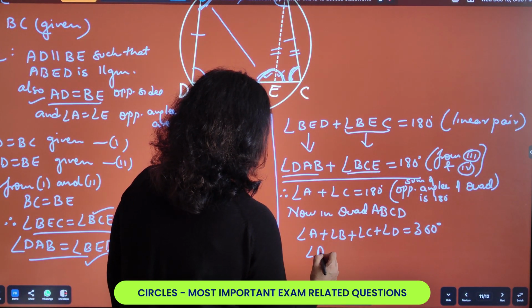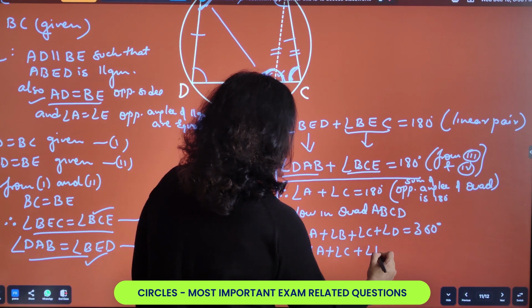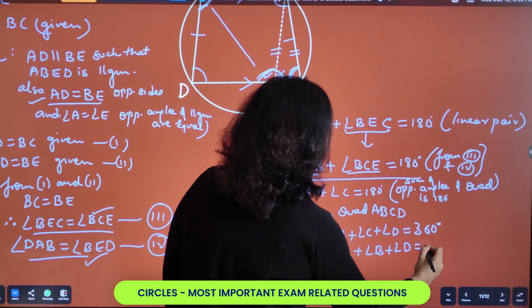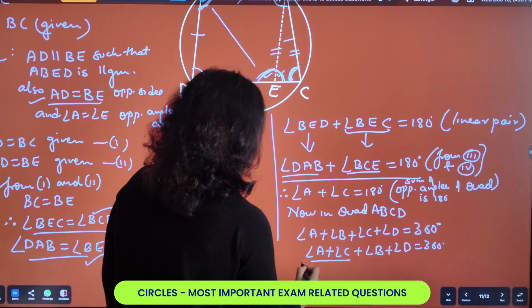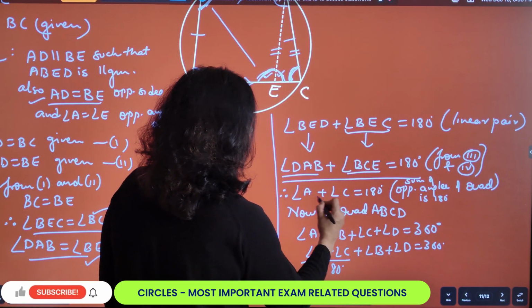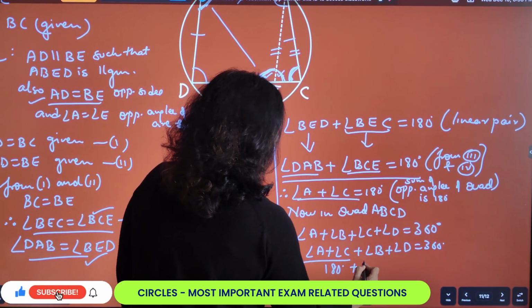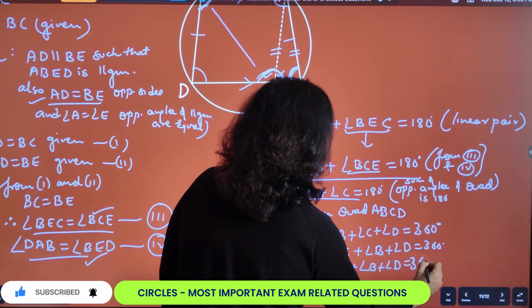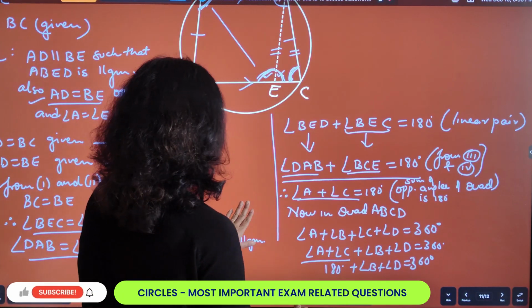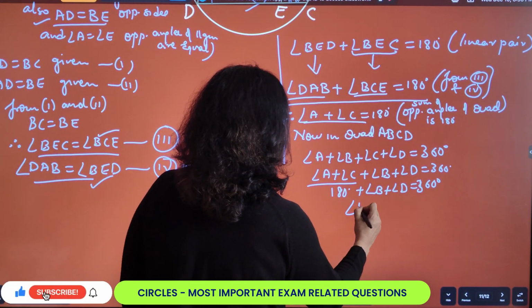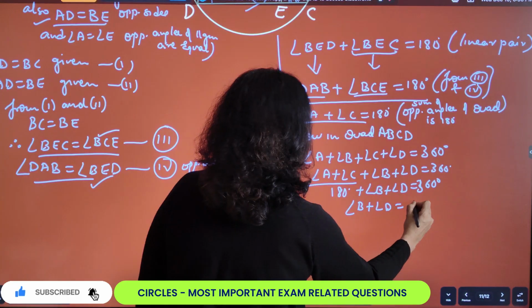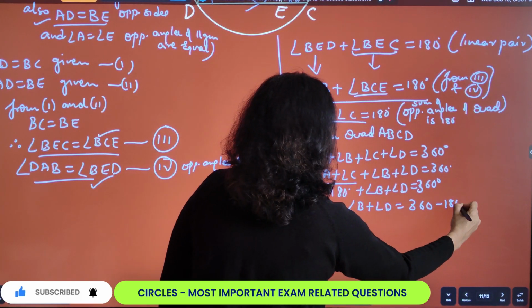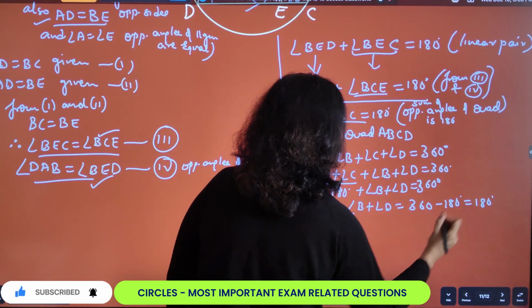So angle A plus angle C we have, angle B plus angle D we can also find out. In place of this I can write 180 degrees because we already got it here, so angle B plus angle D is also coming to 180 degrees.